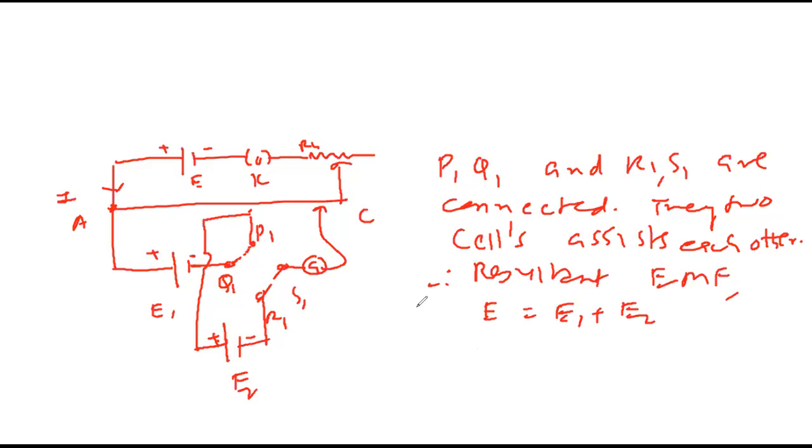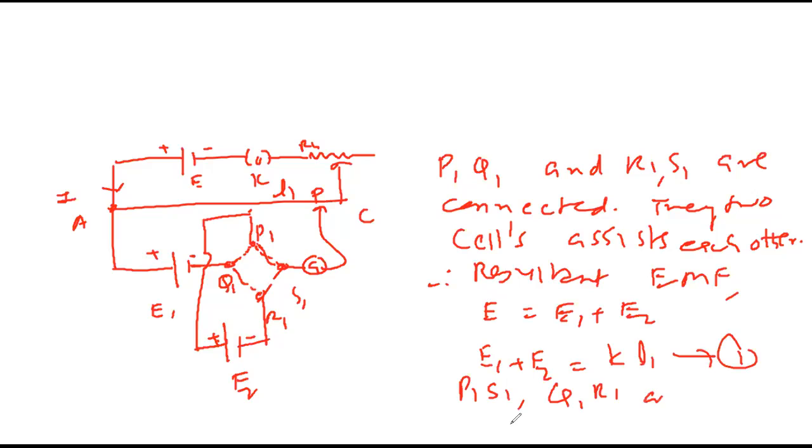By sliding the jockey, null point P is obtained at distance L1. So E1 plus E2 will become K times L1. When P1 S1 and Q1 R1 are connected together, this is minus, and I connect it with Q1 R1.